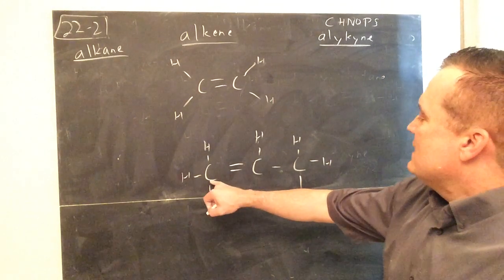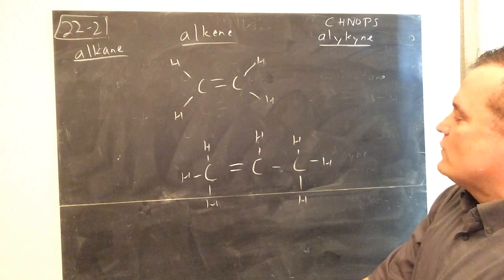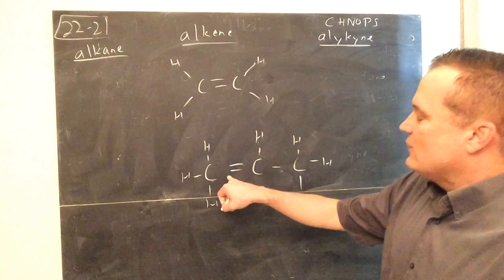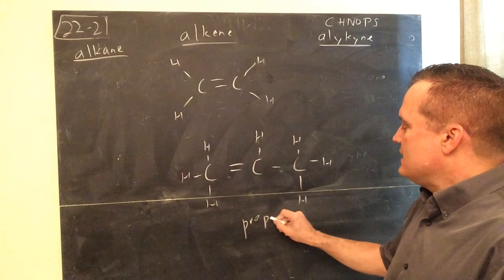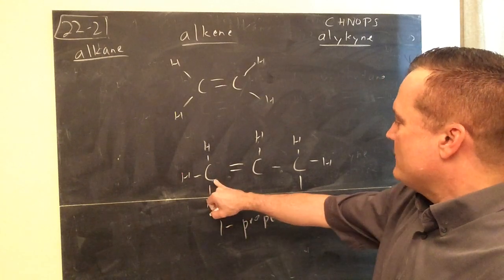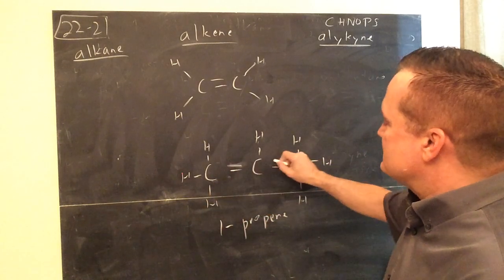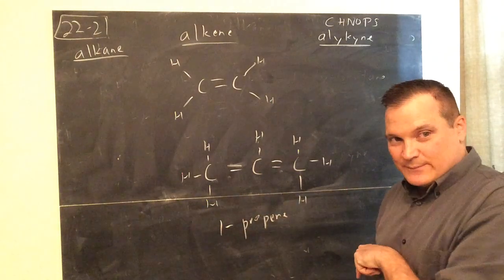You don't really have to worry about it on this one because there's only one place to put it. If I put the double bond there, it's called propene, or I guess it's better to say 1-propene. If I put it right there, it's still called 1-propene because we're going from the other direction.